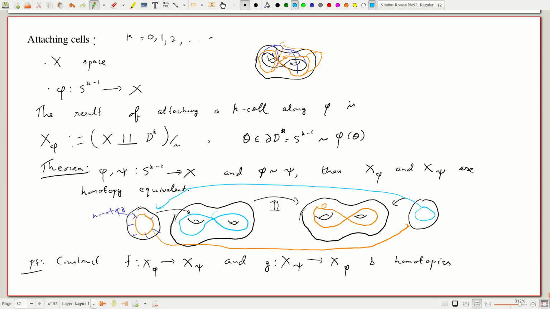Okay, so far so good. We know something nice about these attaching spaces. Let's just look at some examples.